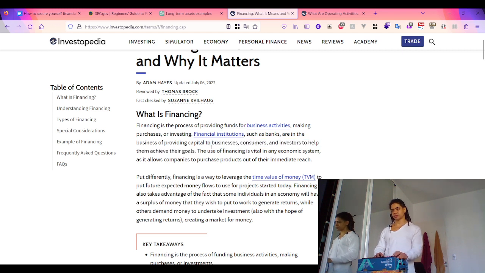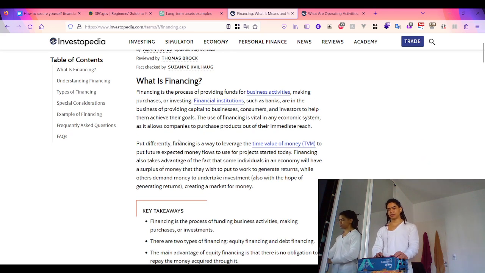The use of financing is vital in any economic system, and it allows companies to purchase products out of their immediate reach. Put differently, financing is a way to leverage the time value of money to put future expected money flow to use for projects started today. It's a way to leverage the time value of money, or future expected time and effort, to use for projects started today.